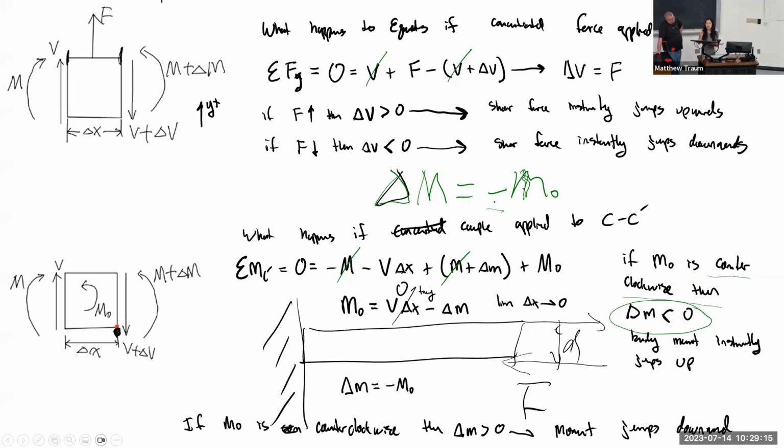So when delta M is smaller than 0, it jumps downward. And when it is clockwise, so now M naught becomes negative. Remember our sign convention, counterclockwise is positive, clockwise is negative, then delta M is greater than 0. So it jumps upward.